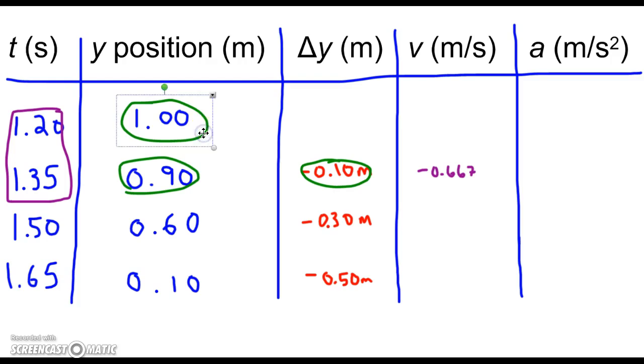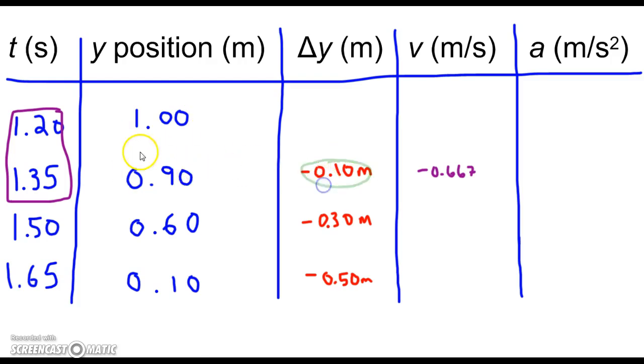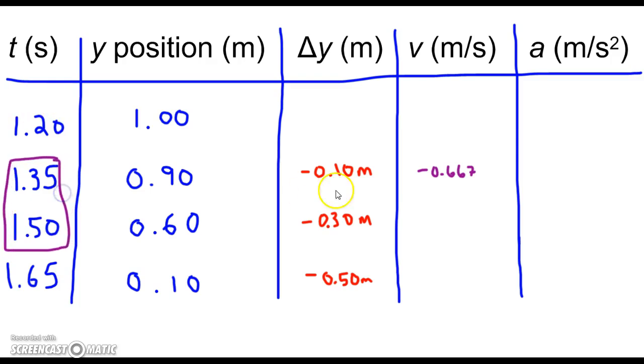Okay then, let me get rid of this. Now we're going to move to the next interval. This interval had a displacement of negative 0.30, because if you look over here, that's a difference of 0.30. And the object goes down, so negative. All right, then, what do we want to do? We want to find the velocity.